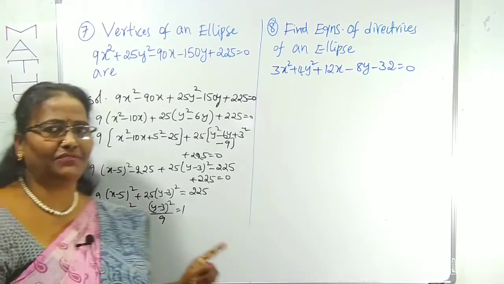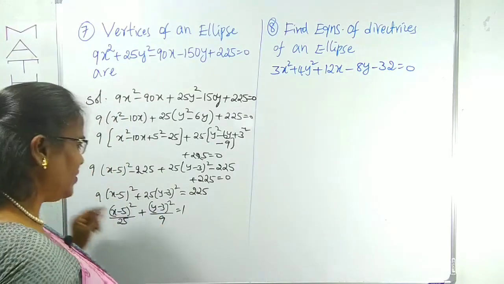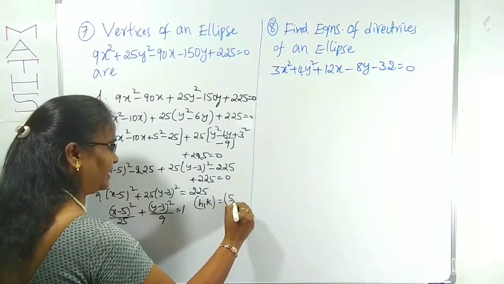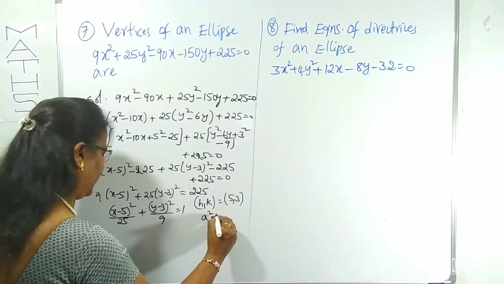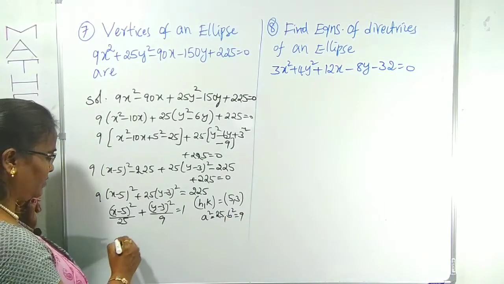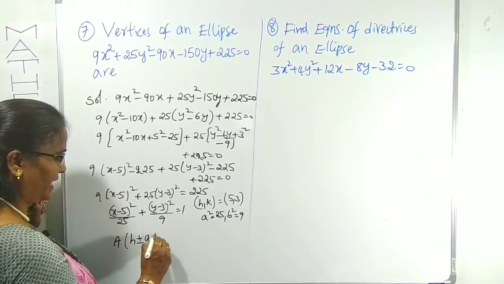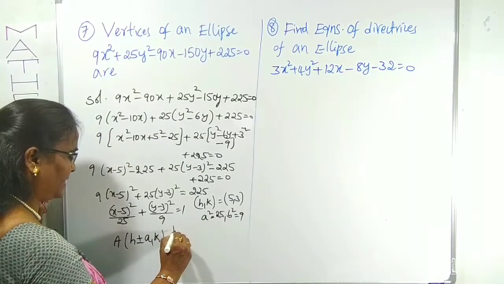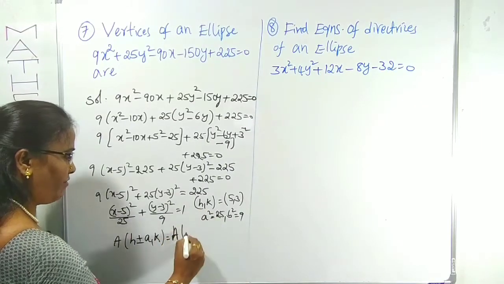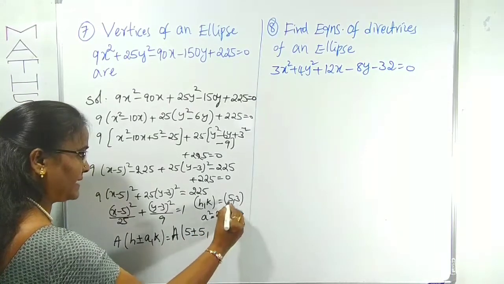Now it is in the form of (x minus h) whole square by a square plus (y minus k) whole square by b square is equal to 1. What are h and k? The center is at 5 comma 3, and a square is 25, b square is 9. What is asked? Vertices. In this case, a greater than b, the vertices are h plus or minus a comma k. h is 5, a is 5, k is 3, right?